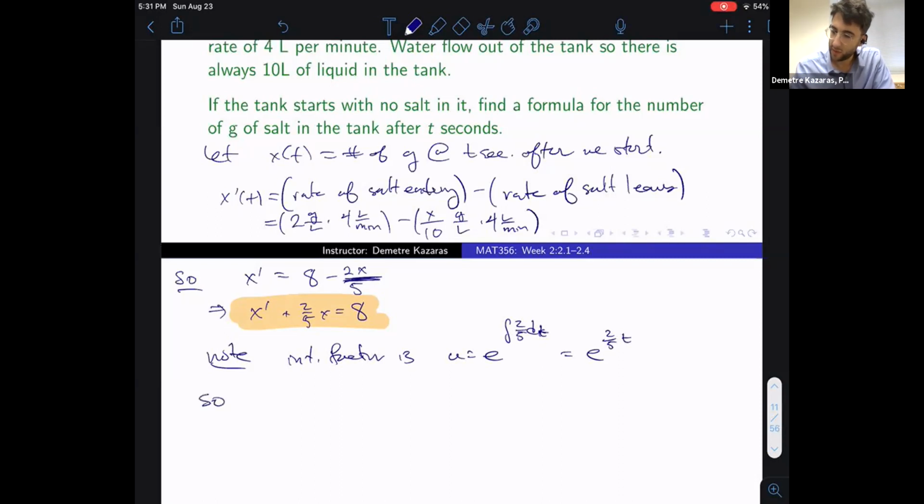If we multiply the equation by e to the 2/5 t, then the left-hand side becomes the derivative of e to the 2/5 t times x, and the right-hand side is just the product of 8 and e to the 2/5 t.